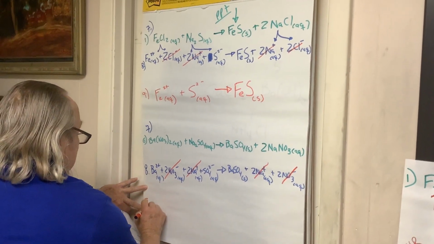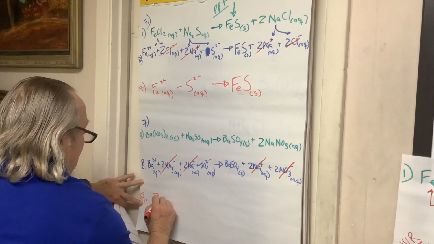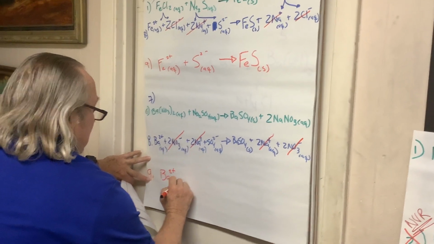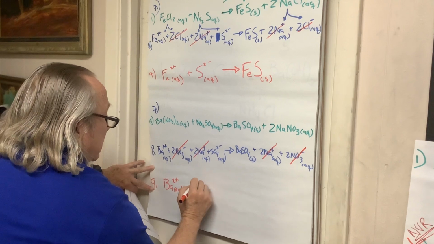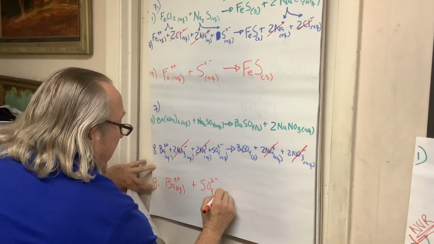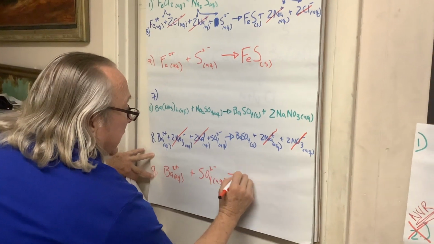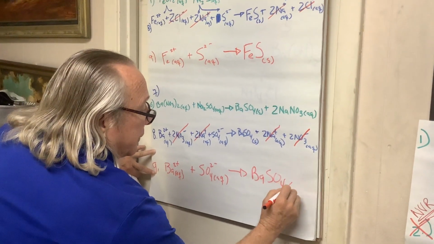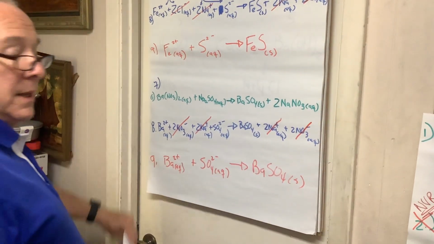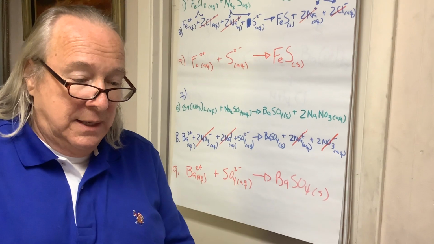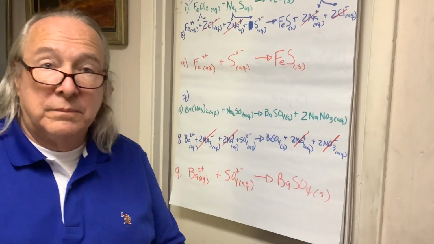That leaves me with barium aqueous ions plus sulfate ions aqueous coming together to form the insoluble barium sulfate salt. And that is how it's done.